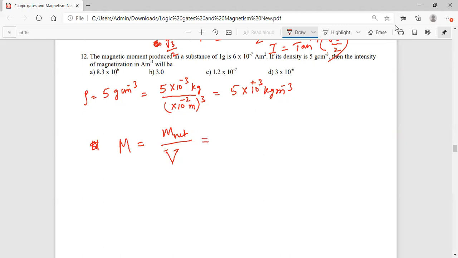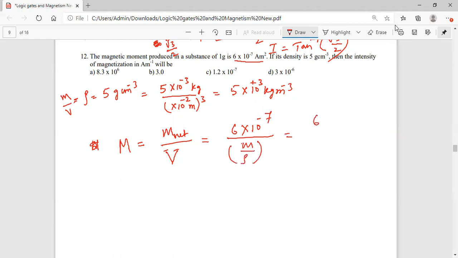This is equal to the net magnetic moment produced in the substance, which is 6 into 10 power minus 7, divided by volume. Volume is equal to what? Density is equal to mass by volume, so volume is equal to mass by density, m by rho.